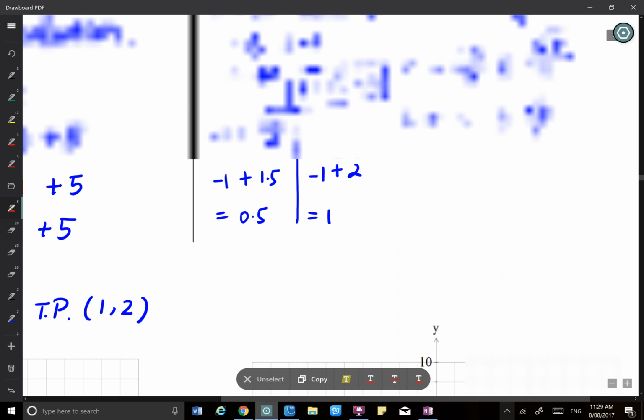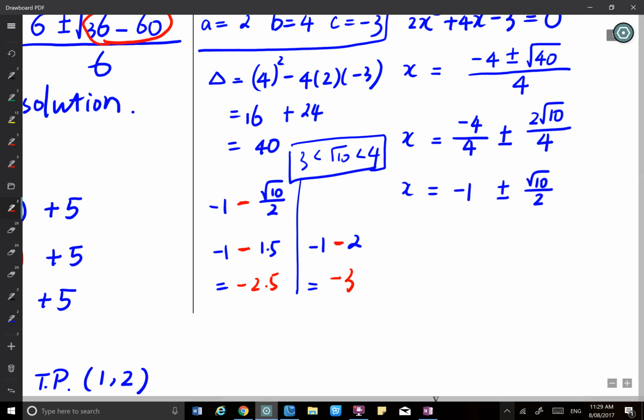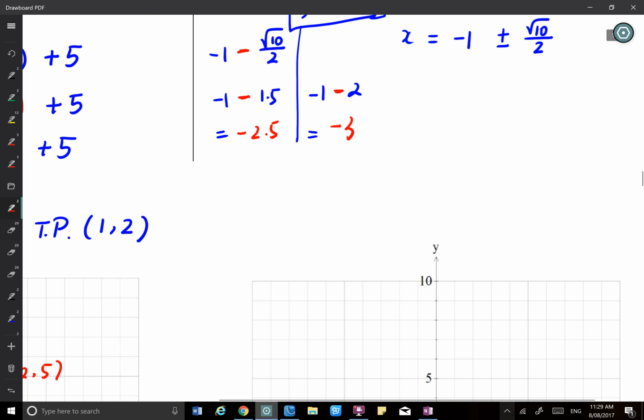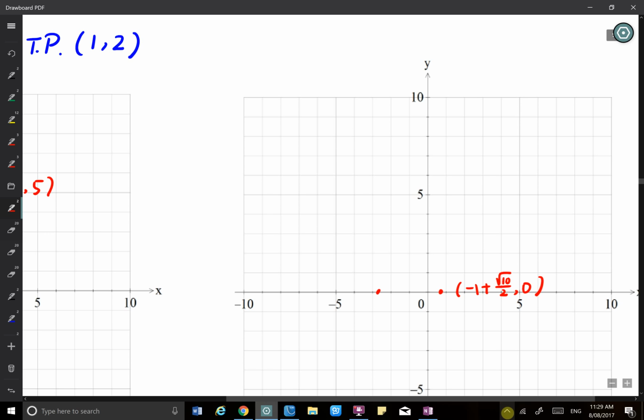How about the minus? If I change that to a minus, that's minus 2.5 to minus 3. So let's just say it's here. Minus 1 minus root 10 over 2, comma 0.